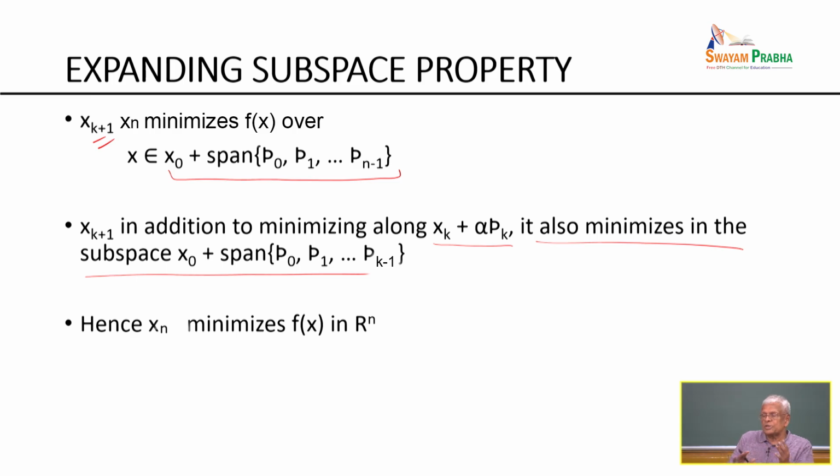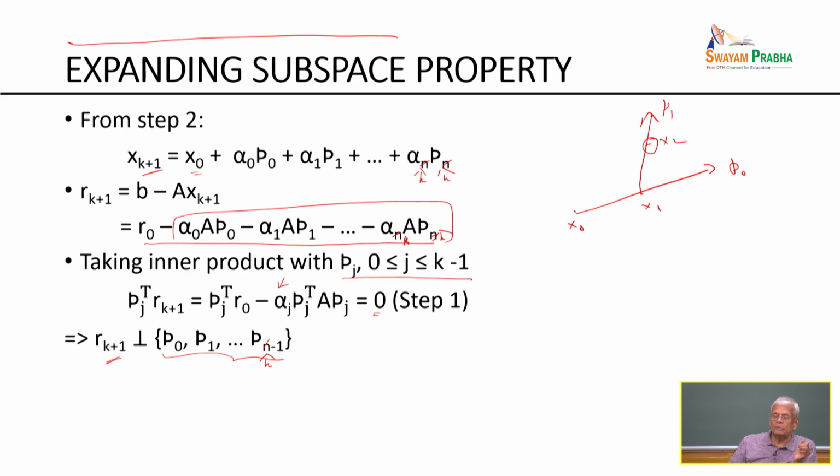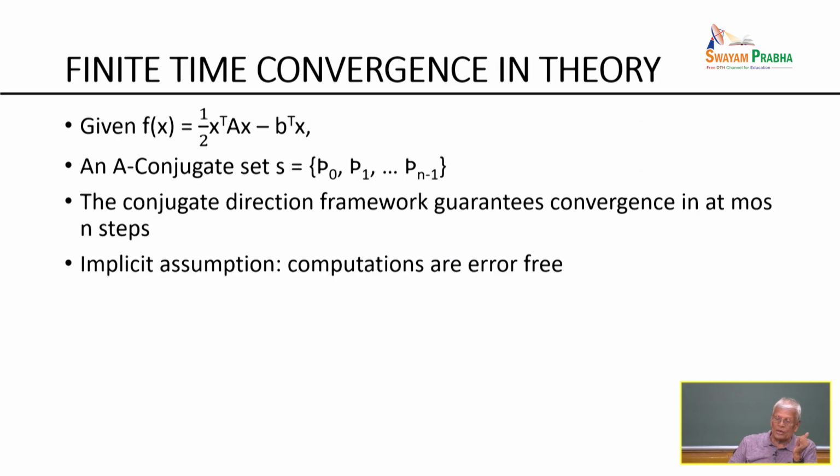So, it is a combination of using both the conjugate direction that is given to you and the residual that you compute along the way. Please understand this from the algorithm. The p's are given to you, you compute the residual directions. When you do that, what is the relation between p and r is what is explored in here. So, x n minimizes f of x.